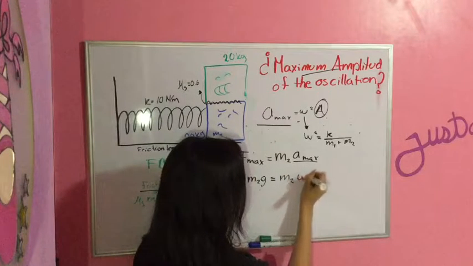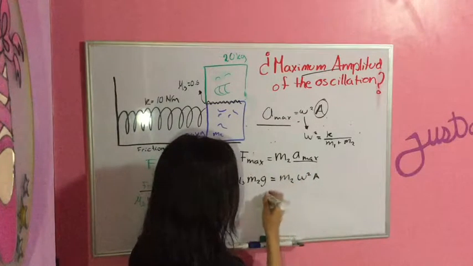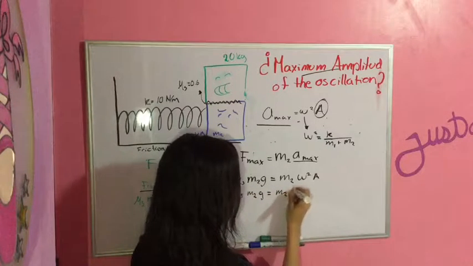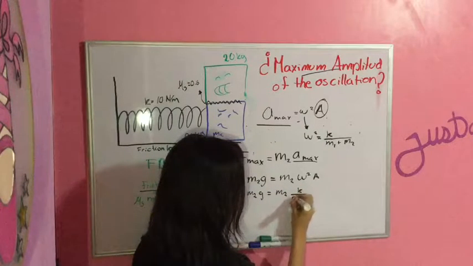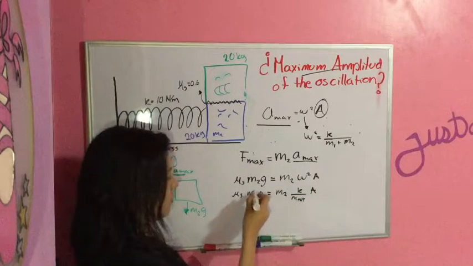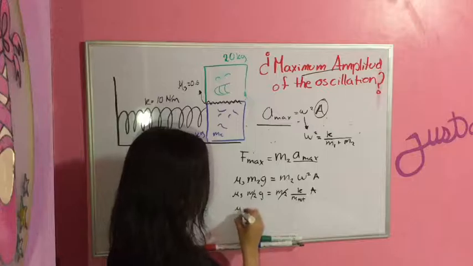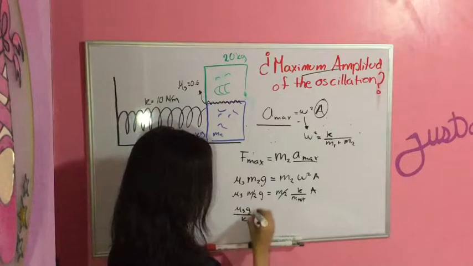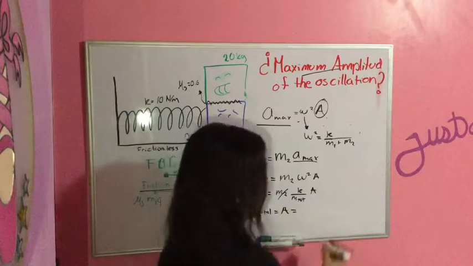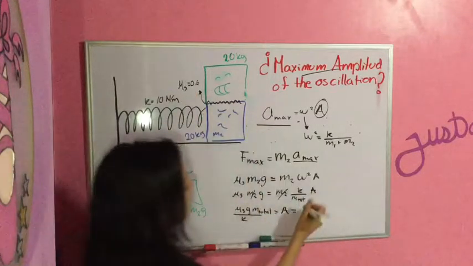Since we already know this maximum acceleration, we'll substitute that value, and then for omega we'll substitute the other equation we got. And we only have to isolate the amplitude and substitute the values we already have.